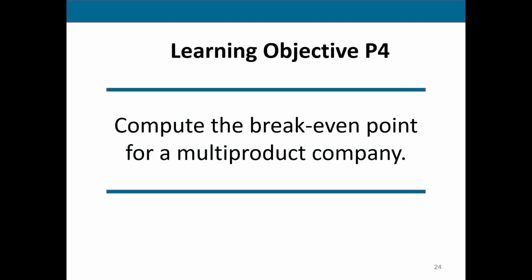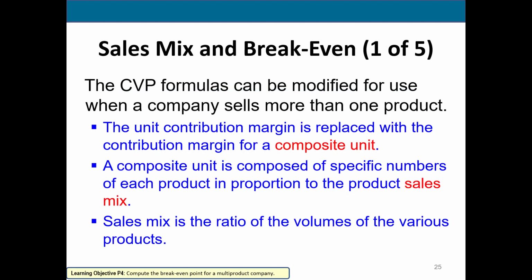Now we're going to look at break even for a multi-product company. We know that most companies sell multiple products, and if that is the case, then we have to do a few extra steps in order to figure out the break even for all of the products.